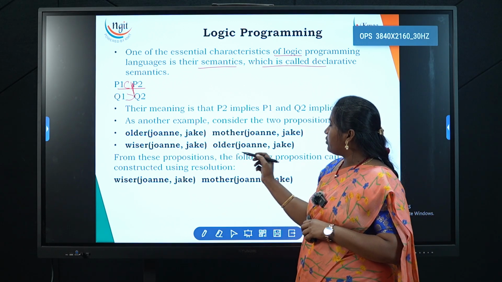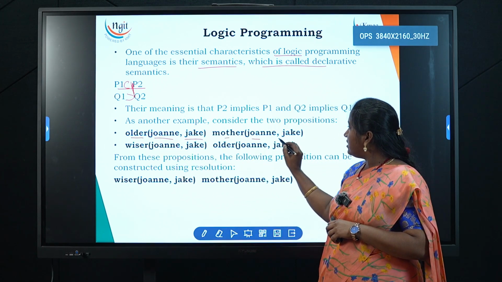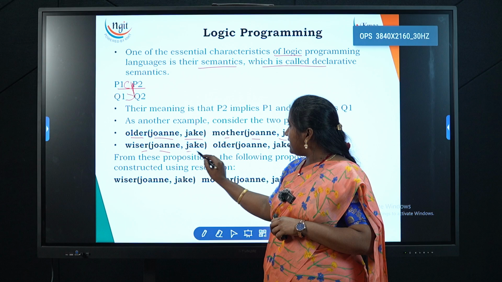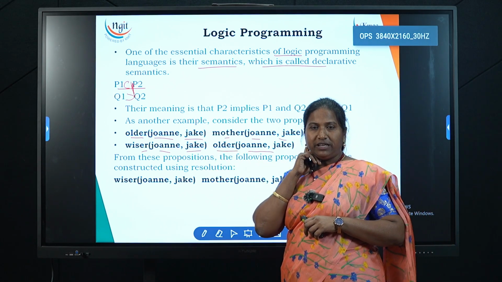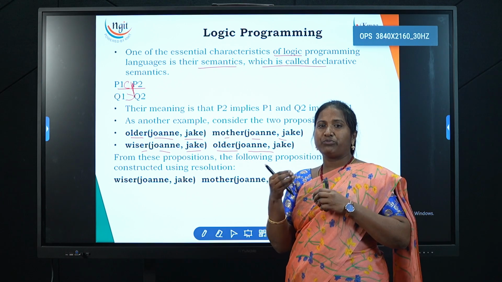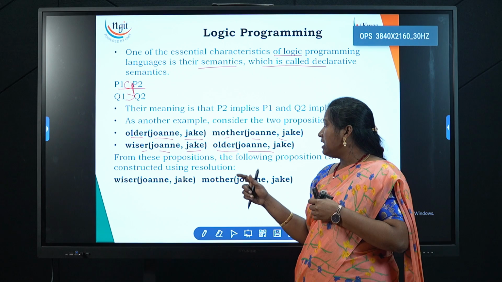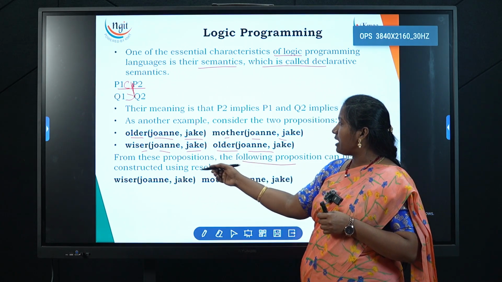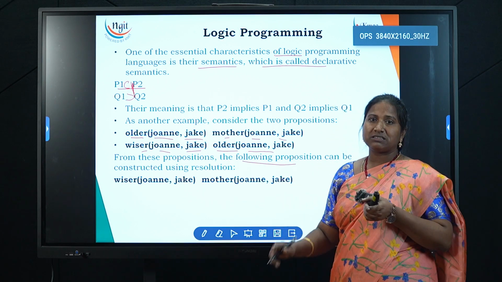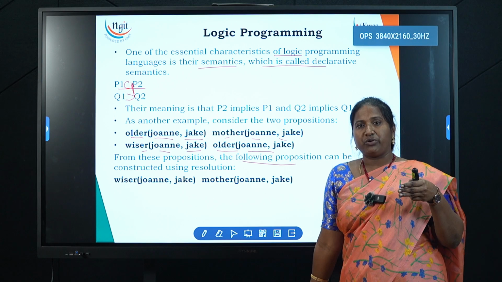Another example you can see here: older John Jake, mother John Jake, wiser John Jake, older John Jake. We are given some kind of declarative semantics. Now you have to find out the propositions from this. So how can you find the proposition? From these propositions, the following propositions can be constructed. In the last slide, we came to know about three kinds of characteristics of logic programming.